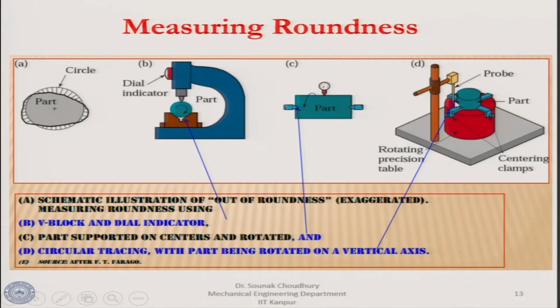The probe is a stylus, equivalent to the stylus of the dial indicator. Depending on the out of roundness, when it is rotating, it will show the out of roundness. So, circular tracing with the part being rotated on a vertical axis; here it is rotating on the vertical axis. And here the part is rotating about the horizontal axis.